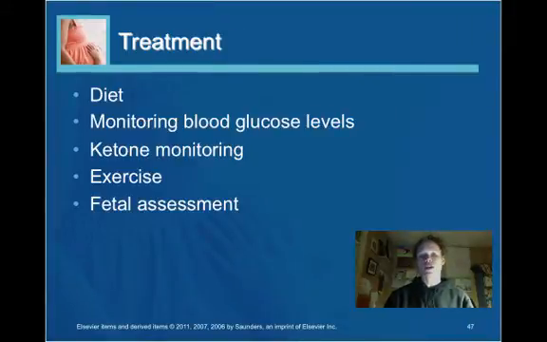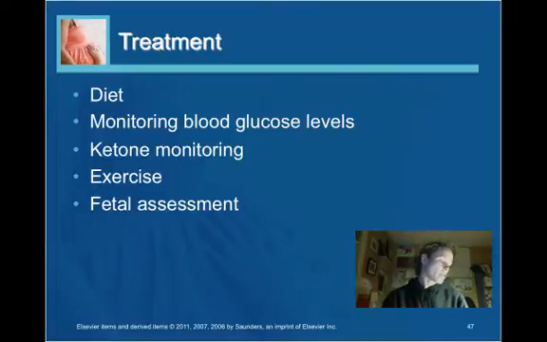So how is it treated? Diet, monitoring blood sugar levels, ketone monitoring, exercise, and fetal assessment. Sometimes, if none of these measures are effective, then administration of insulin may be necessary.